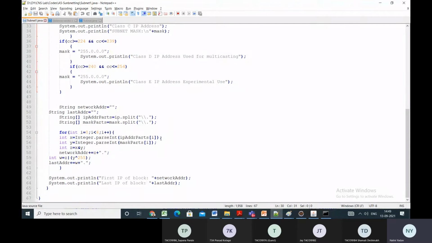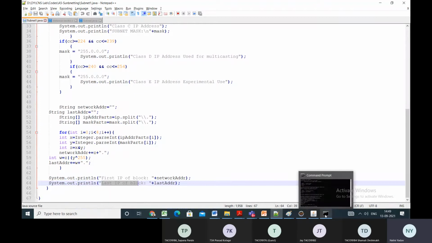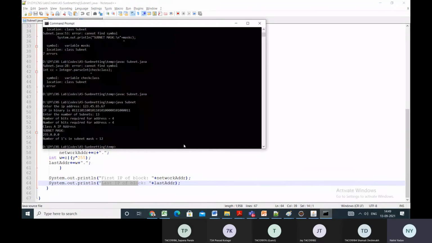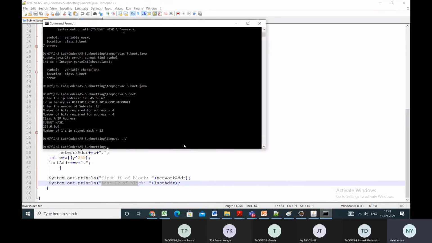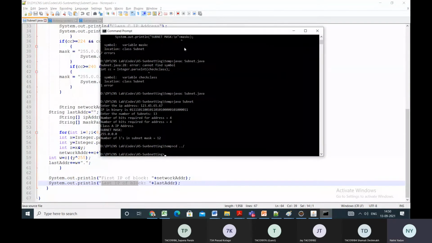And once I find the class of an IP address, I will find the first IP address of the block and the last IP address of the block, which is going to be my broadcast address. It is very simple to find out all these quantities, right? So let me first go with the compilation and execution of the code.